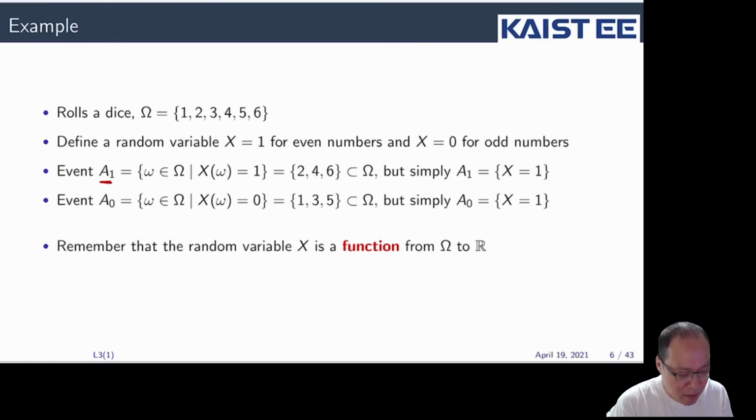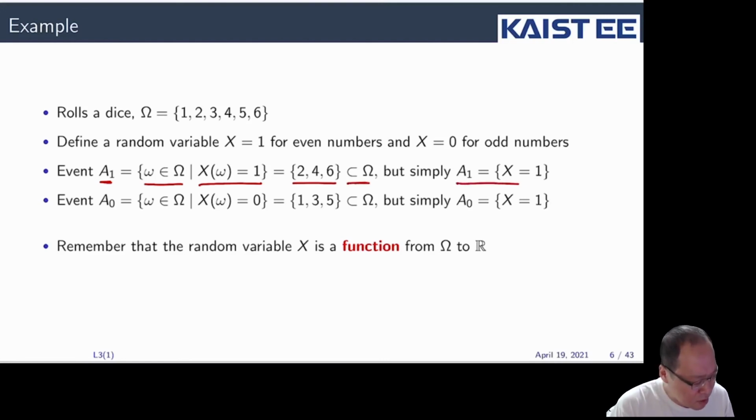We can define the event A1, the set of all outcomes such that X of those outcomes becomes 1, the set of 2, 4, 6. That's a subset of the sample space, which is why A1 is an event.